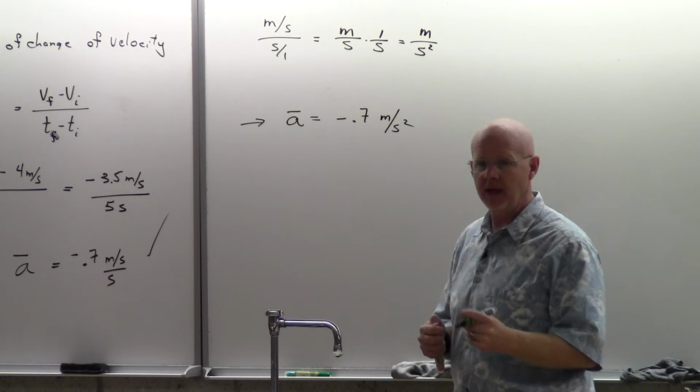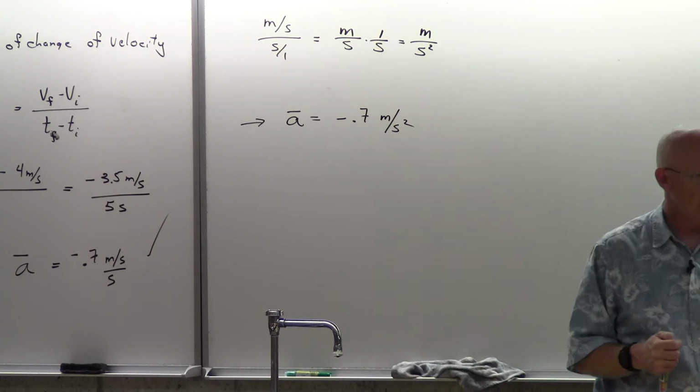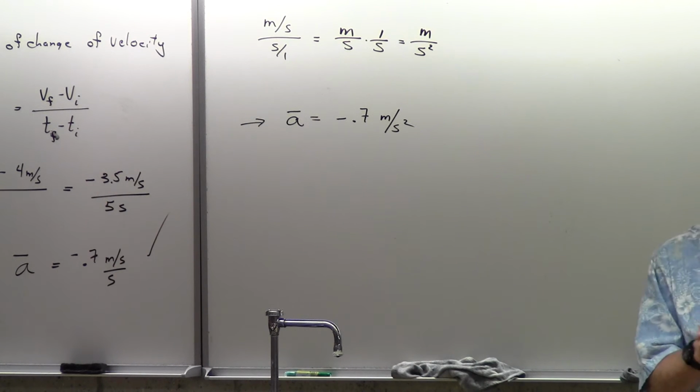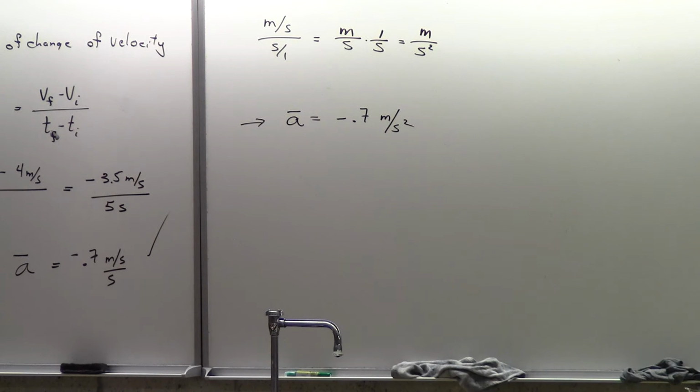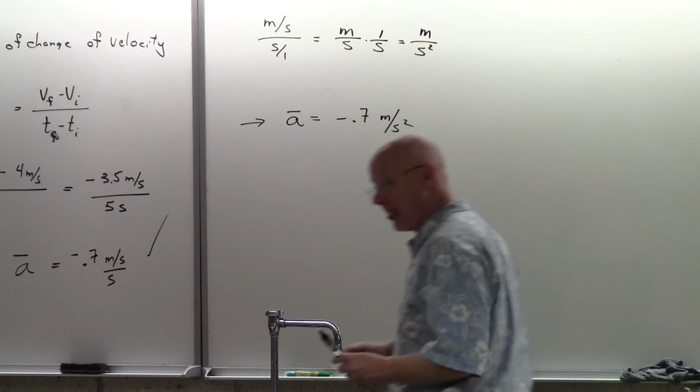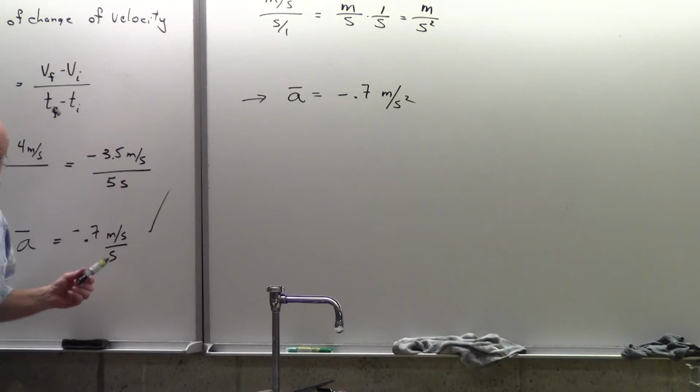What does the 0.7, and even we should talk about the negative 0.7, meters per second squared mean? What does meters per second squared mean to you? Yeah. Your velocity is changing every second. Right, and I think it's probably better to come back to this step.